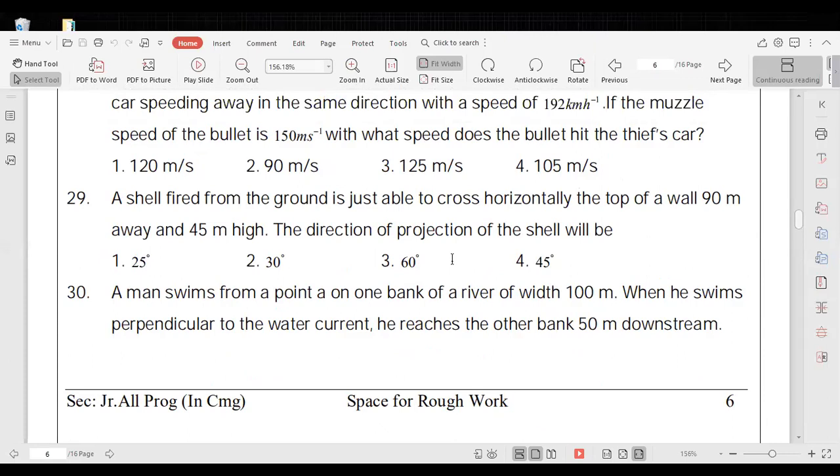First you see 29. Anybody else need 29? Anybody needs 29th problem? Subramanyam, Daksha need 29. Okay, 29 I will explain first.